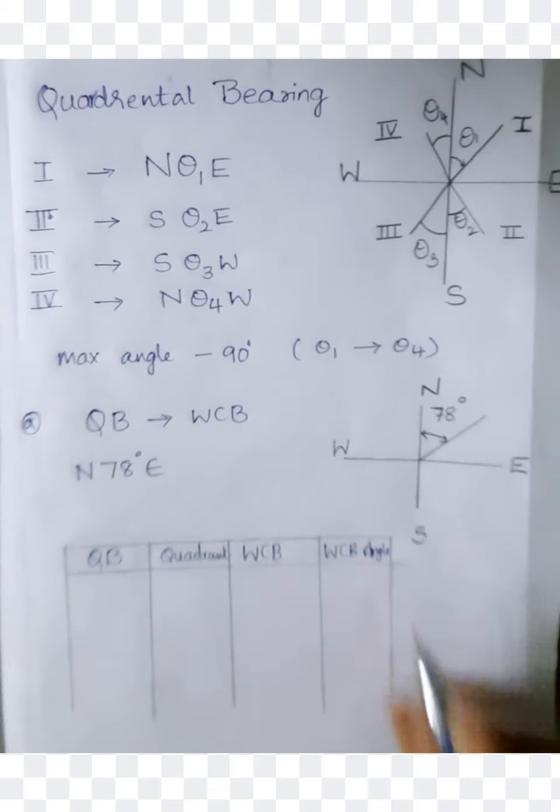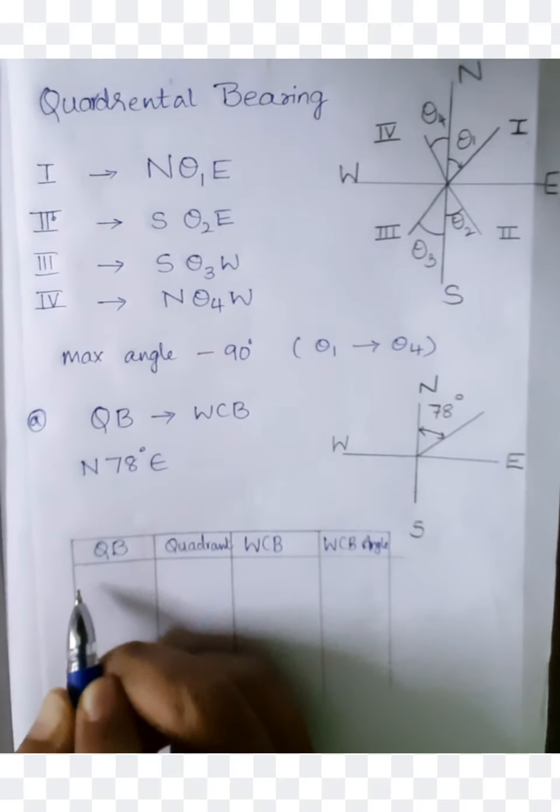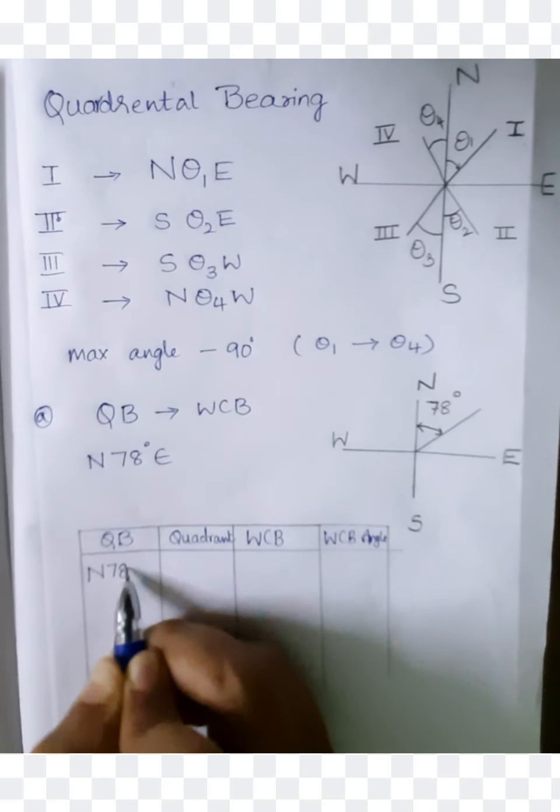For the first one, I have given a quadrantal bearing angle of north 78 degrees east.